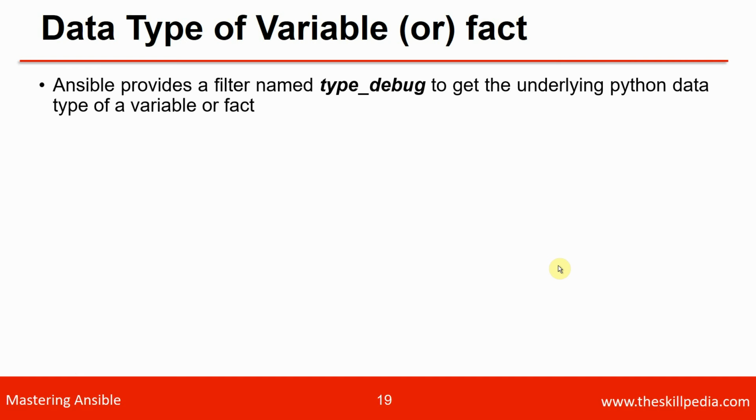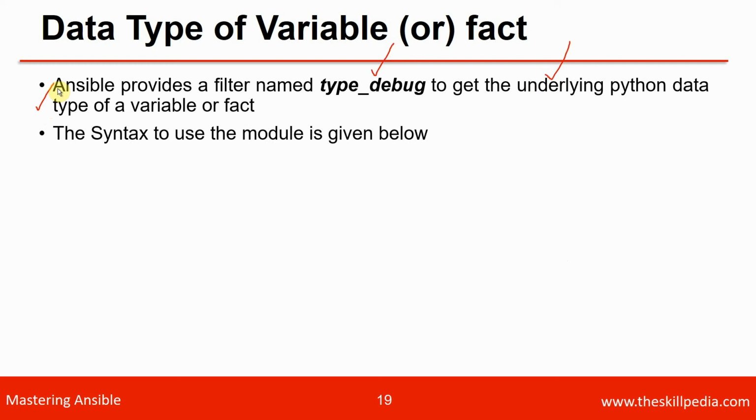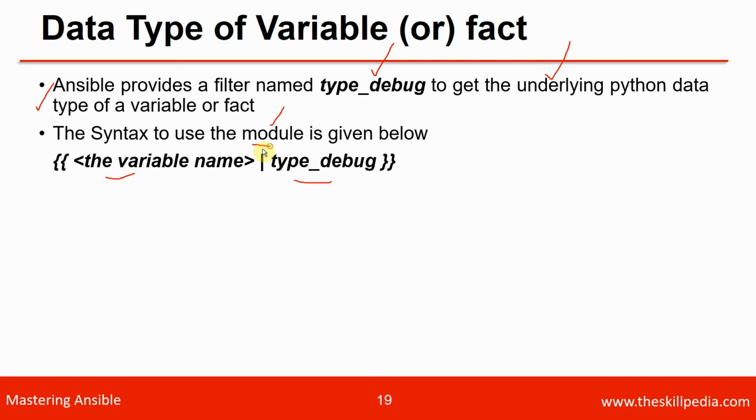Ansible provides a filter with the name type_debug to get the underlying Python data type of the variable or fact. The syntax is here: variable name, then type_debug with this vertical bar, that is the filter. Ansible will recognize it.